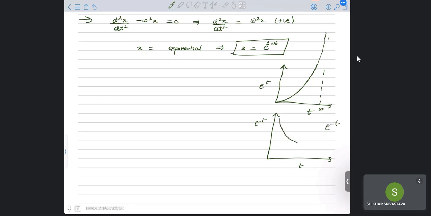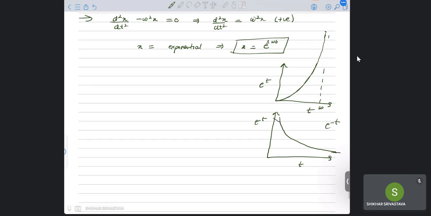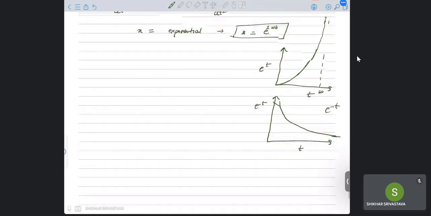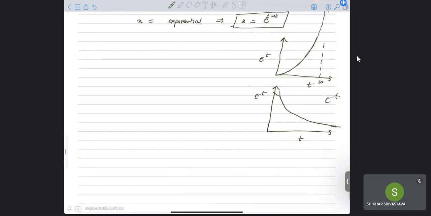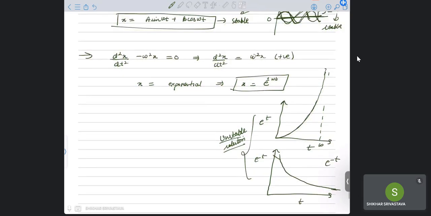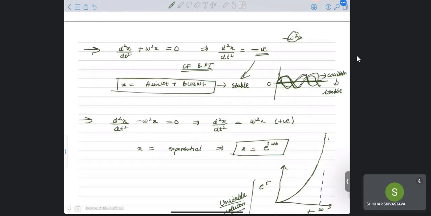So it will be something like this. So these are the unstable solutions. If you have this kind of solution, it will either exponentially start increasing, or it will decay exponentially. So these are unstable equations. Whenever you have this, remember these two things.